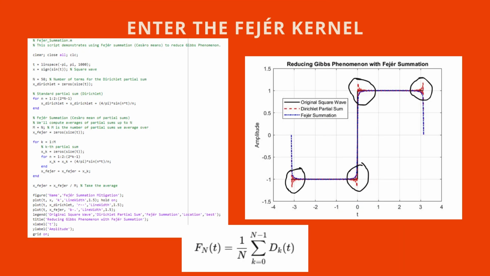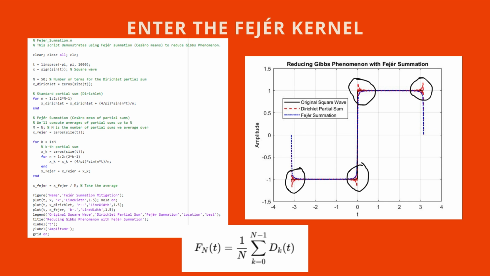A more elegant solution comes from a technique known as Fejér summation, described thoroughly in resources from Graz University and in various functional analysis texts from MIT. Fejér summation involves taking the arithmetic mean of the first n partial sums of the Fourier series, rather than just using the nth partial sum.